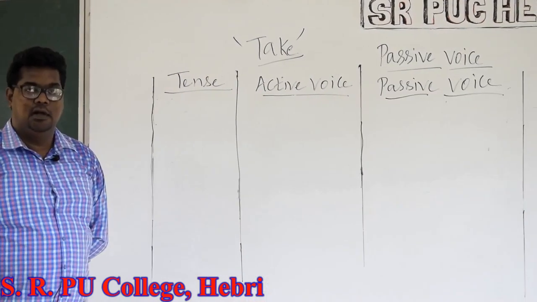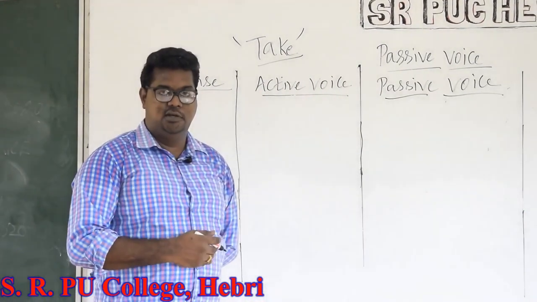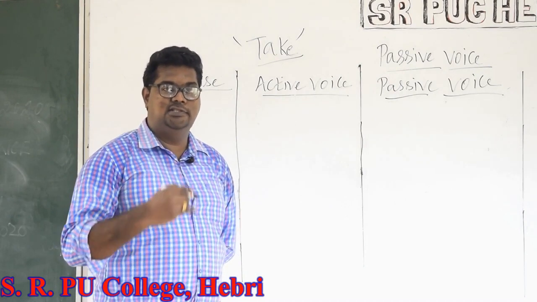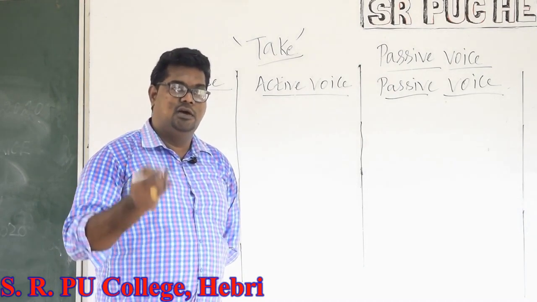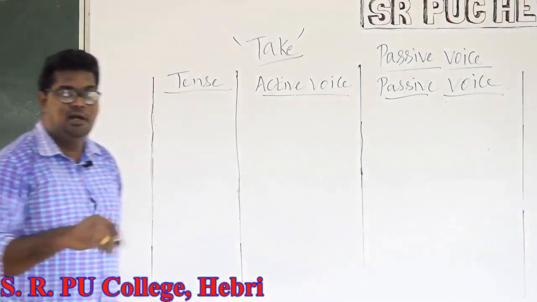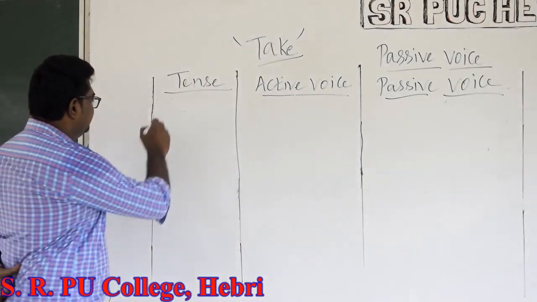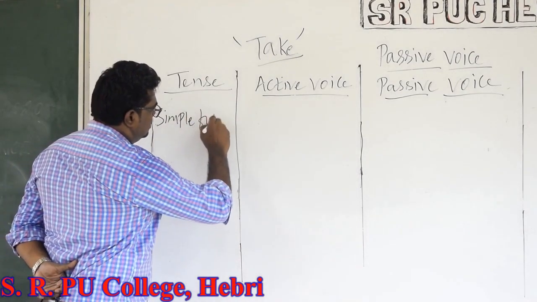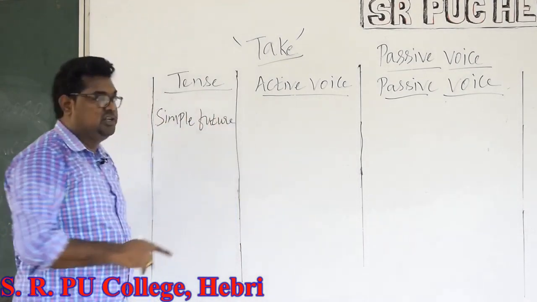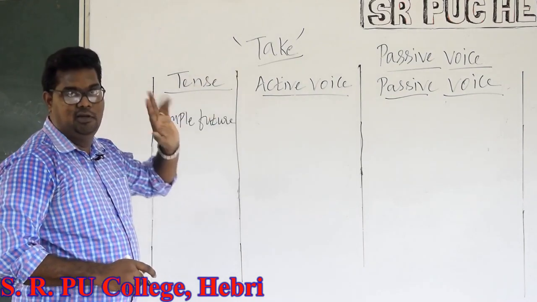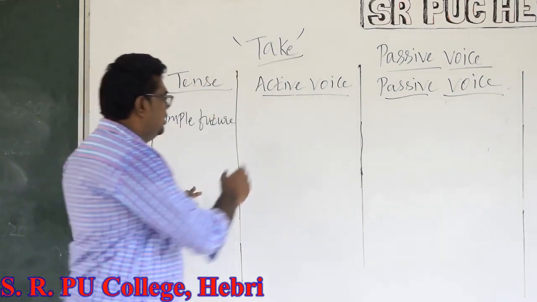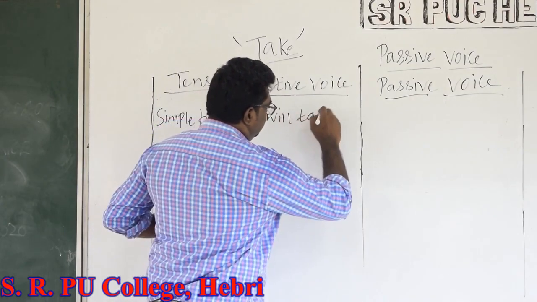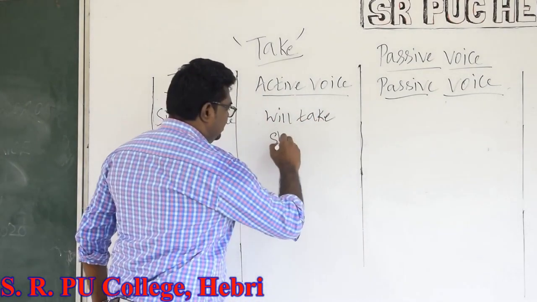So, next is future tense. Under future tense, we will be discussing two subdivisions: simple future tense and future perfect tense. First, simple future tense. In simple future tense, the main verb take will have two forms: either will take or shall take.